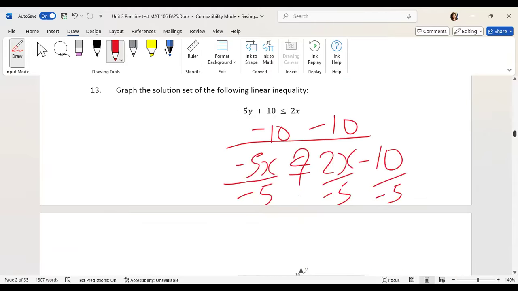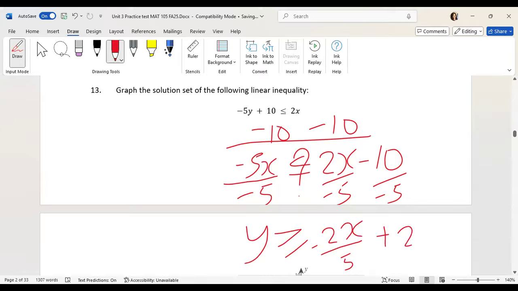So now I have y is greater than or equal to negative 2x over 5 plus 2.